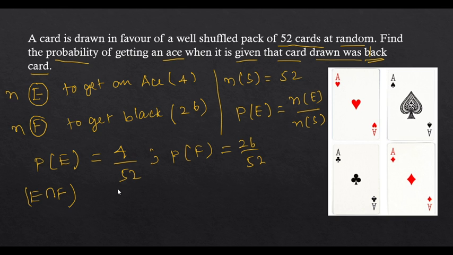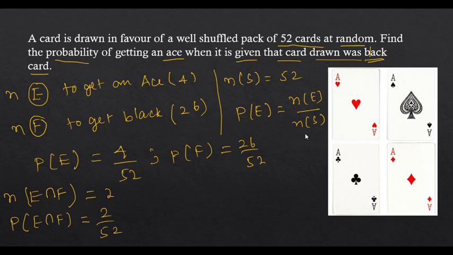So there will be 2 black aces. So the number of E intersection F is 2. Therefore, the probability of E intersection F is 2 out of 52.